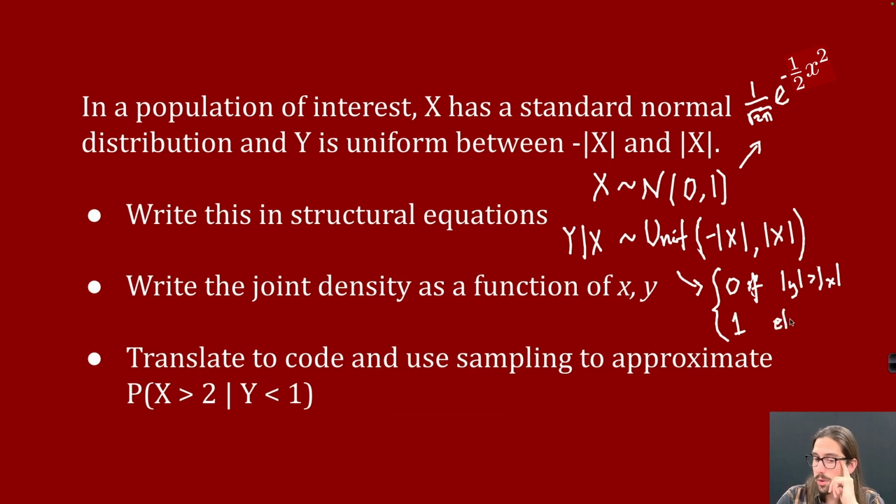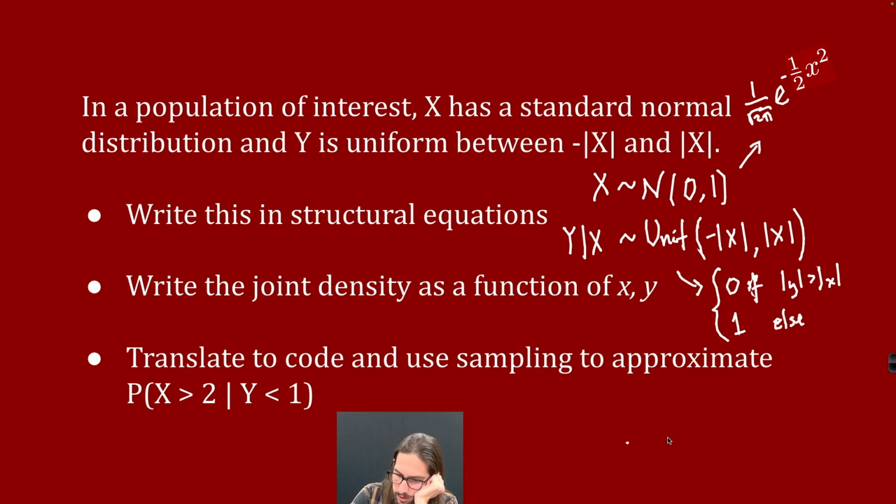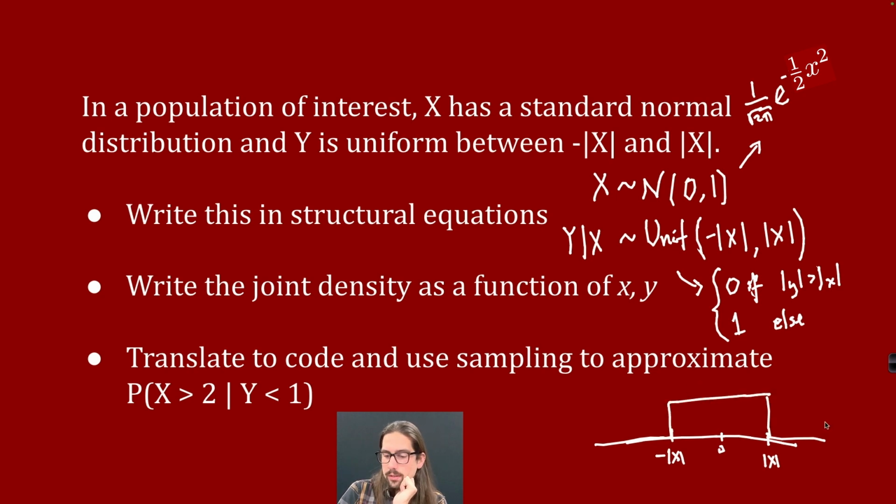Now this is actually not quite right, because I'll show you what this plot looks like. If this is minus x, here's 0, and here's the absolute value of x, this function looks like 0 here, then goes up to 1, and then 0 again.